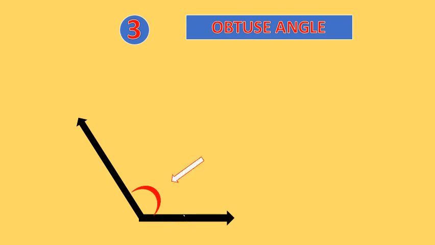As we increase the distance between the arrows, the angle between the arrows grows bigger than a right angle. An angle that is bigger than a right angle is called an obtuse angle.